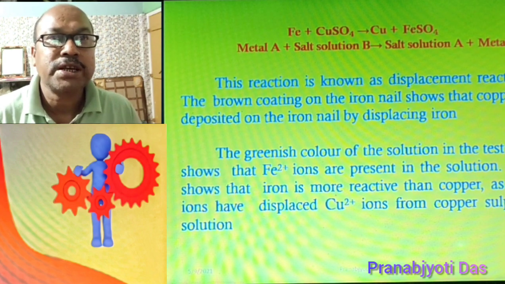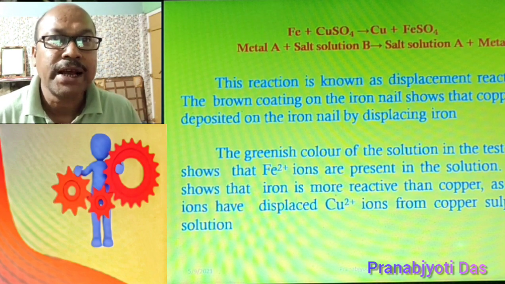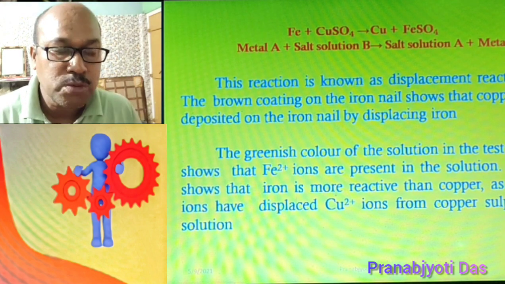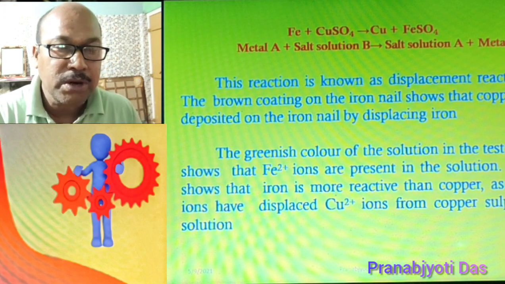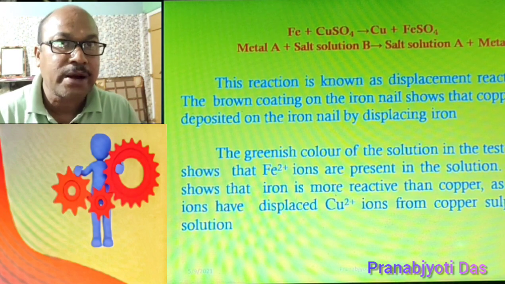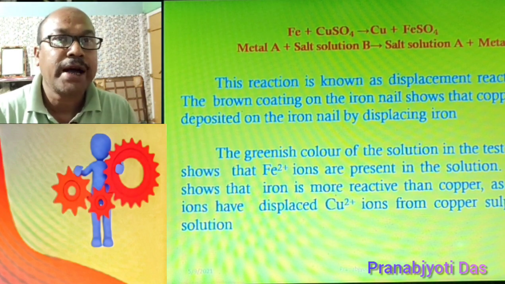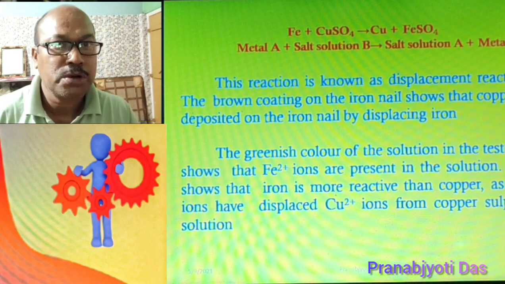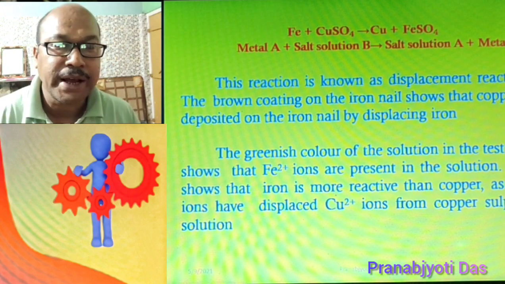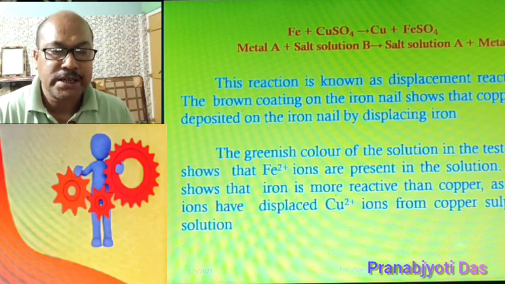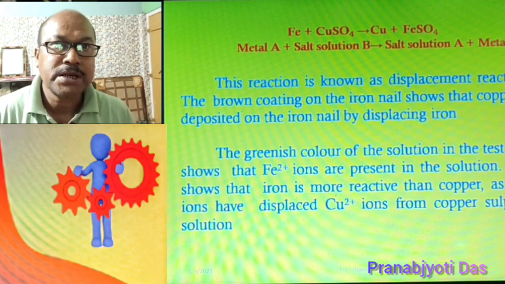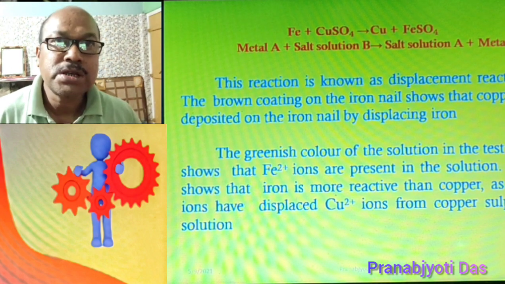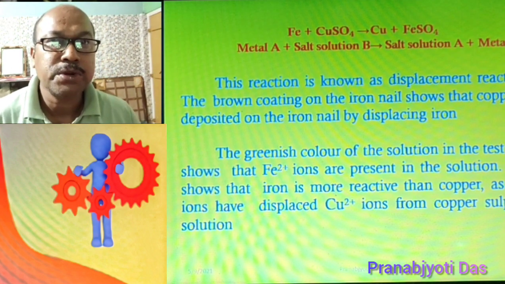So this is actually a displacement reaction, and here we have seen that a more active metal displaces a less active one. We are talking about two metals, iron and copper. Out of these two, iron is more active, so it has displaced copper from copper sulfate solution. So a more active metal will displace a less active metal from its salt solution. This is how metals react with salt solutions.